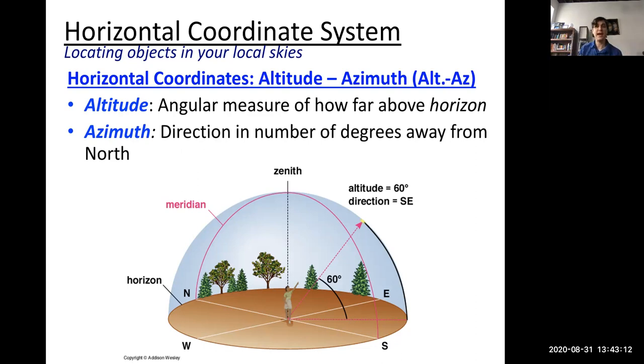And then we have how far or how high do you point up. So notice that these are measured in degrees. So azimuth is in degrees, and altitude is also going to be in degrees. It's going to tell me how many degrees I look up. Let's define a couple of waypoints. So 0 altitude would be straight ahead. I'm looking out to my horizon.